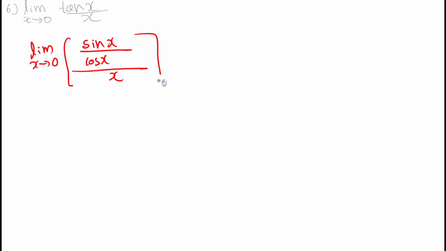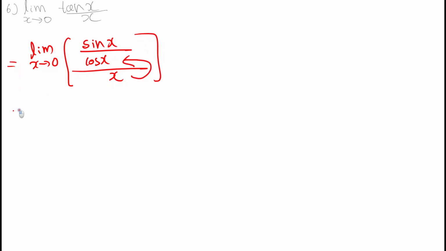Limit extending to 0, tan x by x, we need to evaluate the value of limit extending to 0 tan x by x. So to solve this one, see, what is tan x? Sin x divided by cos x, right? Tan x into x, or divided by x is there, this x will move to the denominator, right?